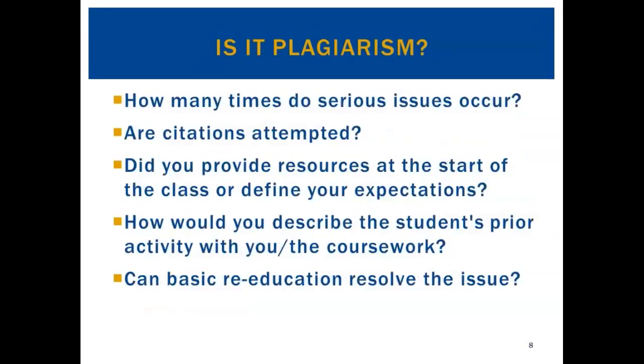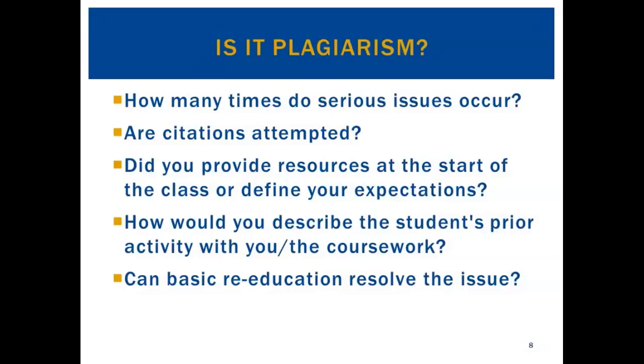So if it is plagiarism, you need to start looking at a few aspects of the paper. How many times do serious issues occur? Is this a regular thing? Is this one small example where perhaps the student just got disorganized and didn't cite properly? Are citations attempted? Are they trying, but they're just not knowledgeable about citation, or perhaps as knowledgeable as we would hope they would be at the college level, but some students just have not had that much exposure to citation.